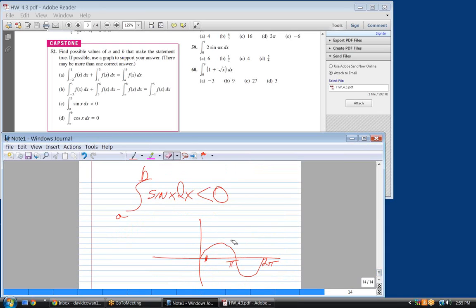Let's draw the cosine curve. So what's one possible answer for this? For sine, what's this point right there and this point right there?